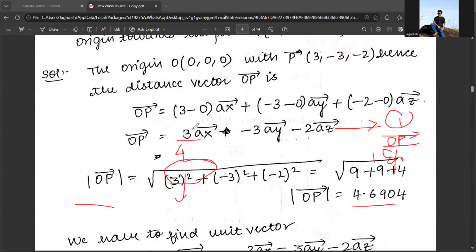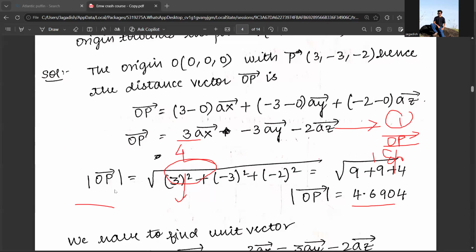So 3 divided by 4.6904, minus 3 divided by 4.6904, minus 2 divided by 4.6904. So you have to write the formula. For 6 marks, you have to write the formula also.